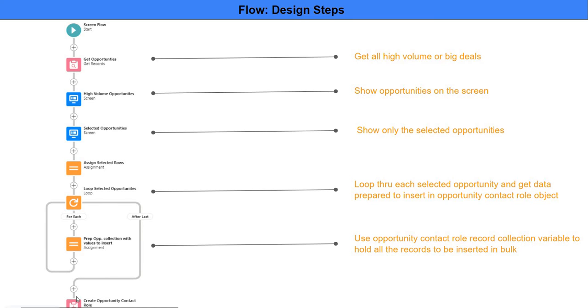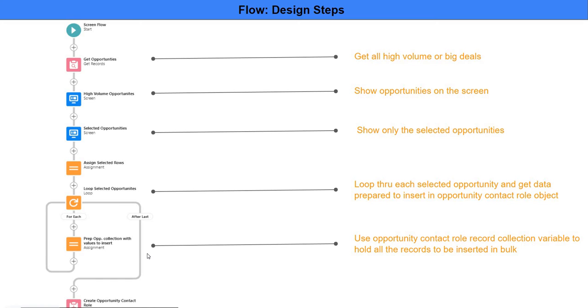This way we can consume fewer resources in Salesforce and also do away with any governor limits error. So that's the reason we just wanted to prepare the data inside the loop. That's the only purpose of this loop, not to do any insert, delete or update operation. Once the loop is completed, then we can do everything in bulk.